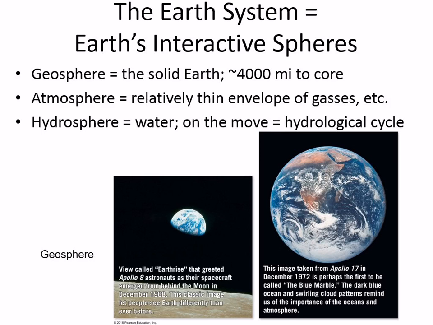I'm going to briefly have a slide that shows the water cycle, the hydrological cycle. Of course, the water evaporates, it forms clouds, and it precipitates, and it does it all over again. And then the last sphere is the biosphere, and that's what I'm going to talk about. So those 4 things: the geosphere, the atmosphere, the hydrosphere, which is water, and the biosphere is life. As far as we know, our planet is unique, especially in that last criterion.